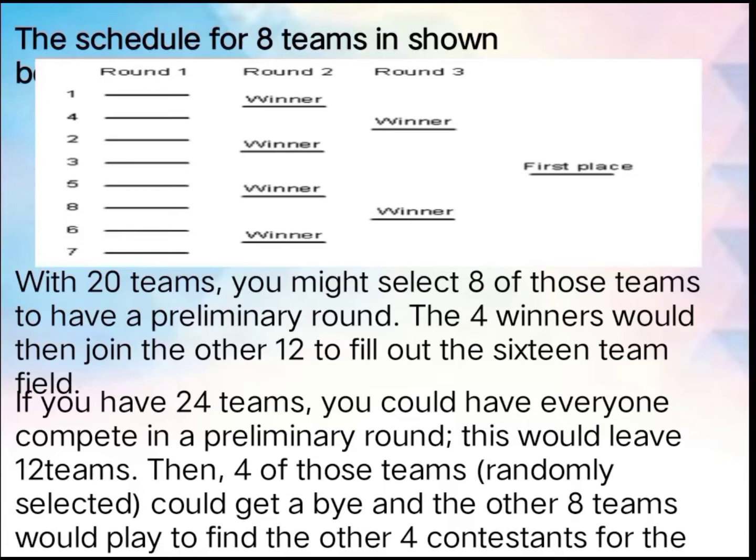This would leave 12 teams. Then, 4 of those teams, randomly selected, could get a bye and the other 8 teams would play to find the other 4 contestants. So the example of the single elimination tournament is the Tennis Grand Slam Singles Championship.